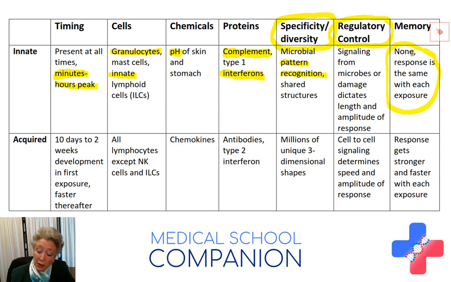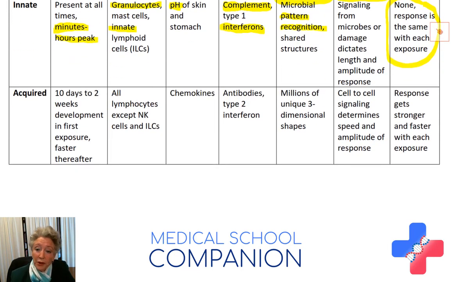Okay? Now contrast that with the acquired immune response, which, as I have been trying to emphasize, is something that is going to develop days to weeks after the immune response that we referred to as innate has done as much as it can.